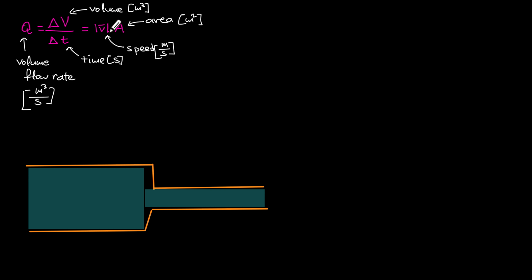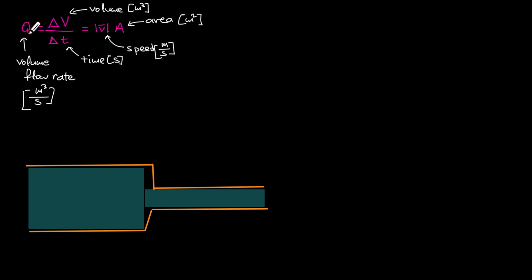I do want to emphasize here to try not to be confused with the two symbols that appear to be the same. This uppercase V is volume, and the magnitude of this lowercase v is the speed of the fluid.